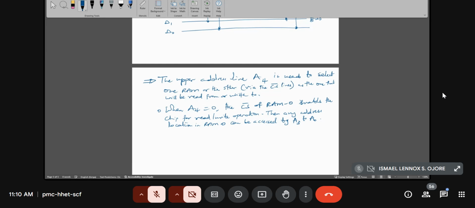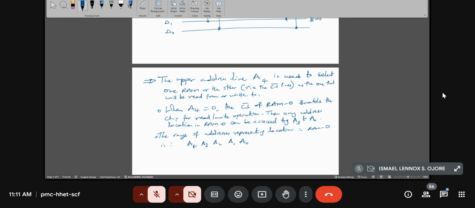So that means the range of addresses representing locations in RAM 0 is, so we have A4, A3, A2, A1, A0.